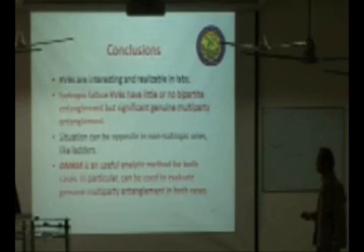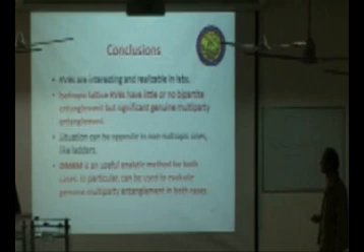And this technique, DMRM, the density matrix recursion method, is a useful analytical method for both cases. In particular, it can be used to evaluate genuine multiparty entanglement in both non-isotropic as well as isotropic cases.